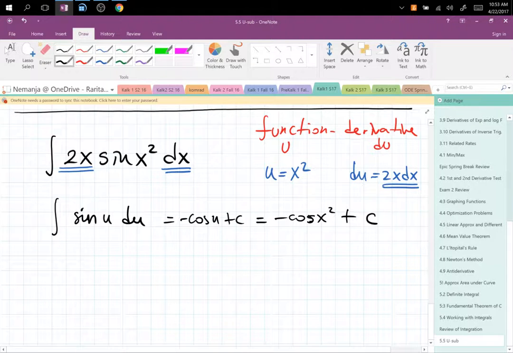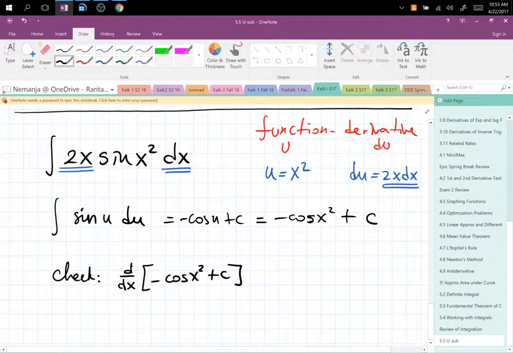Okay. Now, why is integration so awesome? We can check it every time. So if you're not lazy, the derivative of negative cosine x squared plus c is equal to, copy the negative, I can put negative 1, and now the derivative of cosine is negative sine x squared.